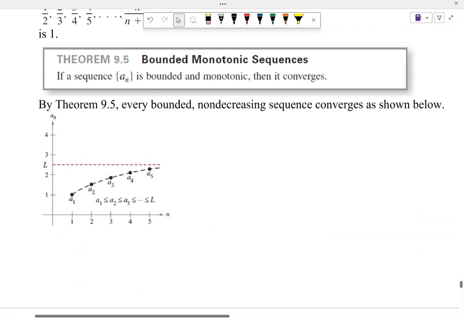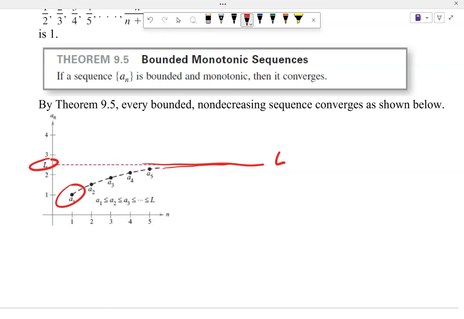See how it keeps increasing the values, and then it's converging to whatever this L value is. It's converging to that number as it gets closer and closer to it, right? It's bounded below by whatever that is. Looks like it's 1. And it's bounded above by L. Okay, so a lower bound and an upper bound.